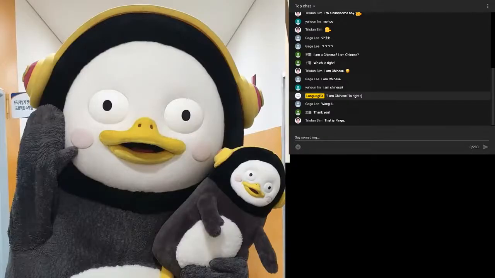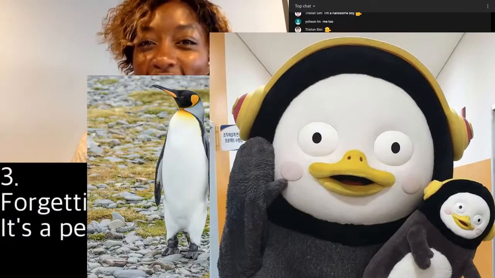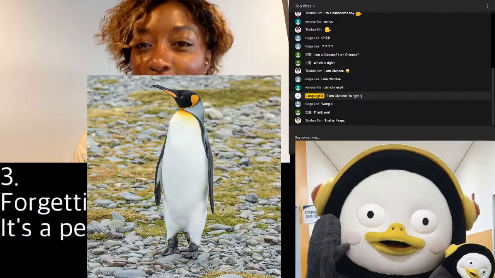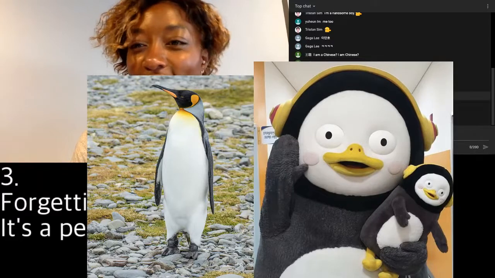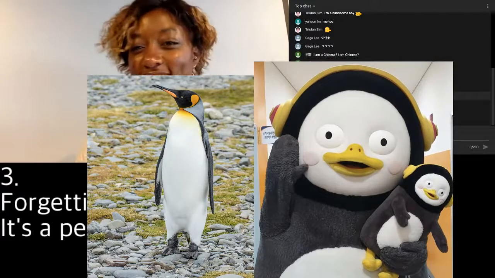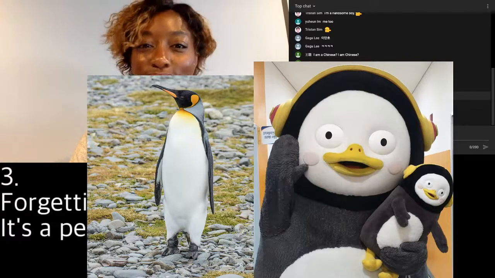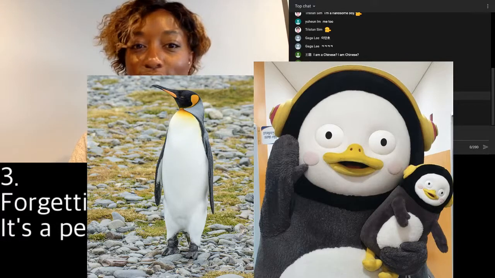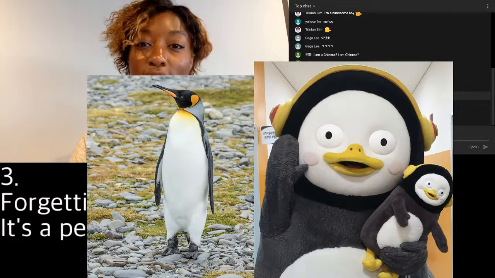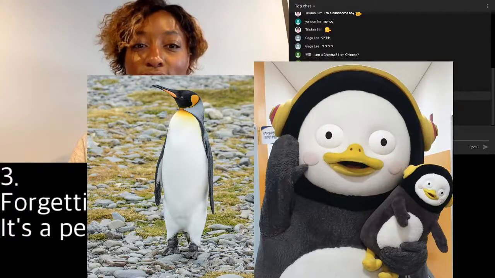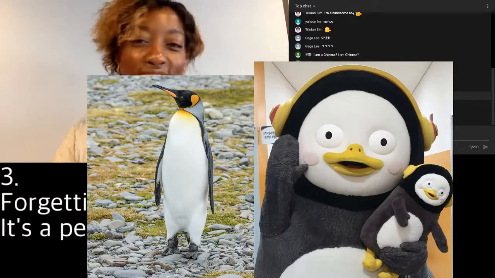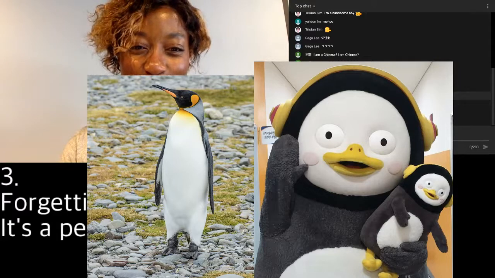this guy? His eyes. He kind of has the crazy eye, doesn't he? He's got the crazy eye. Right? Okay, so this is a penguin, right? But this is pengsu. Right? This is pengsu.